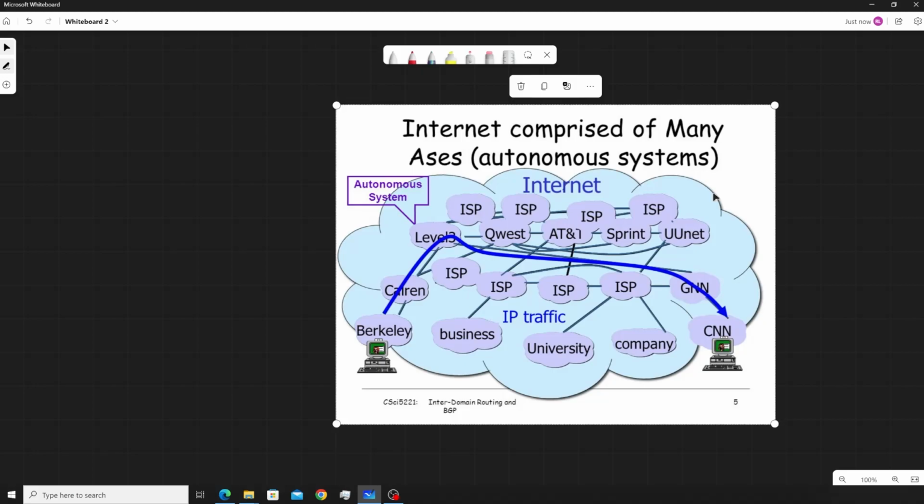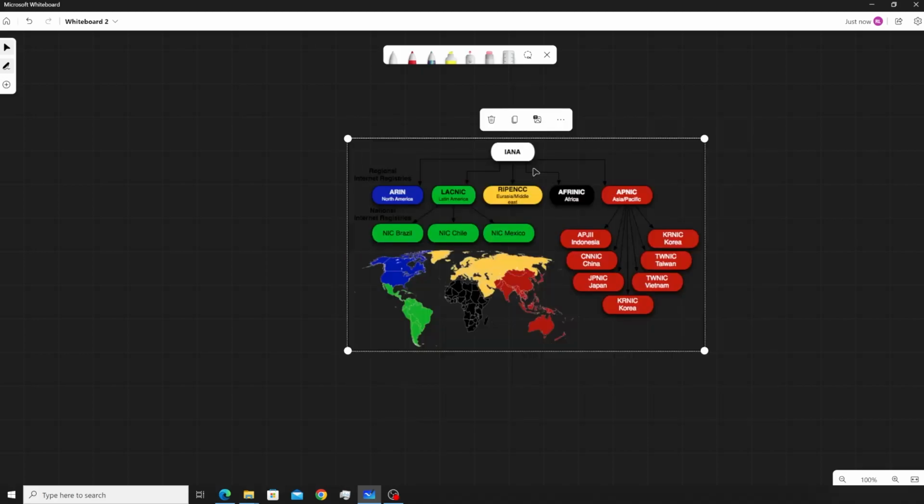Now, if an ISP ever gets a message that it doesn't recognize, there are solutions. We have IANA, who manages all the IP addresses, and they break it up into different geolocated blocks. For instance, ARIN is in charge of all the IP addresses in North America, and they have multiple specific IPv4 blocks.